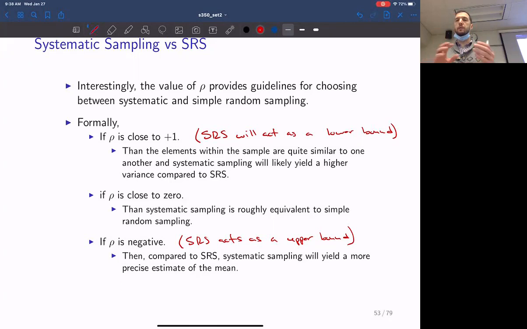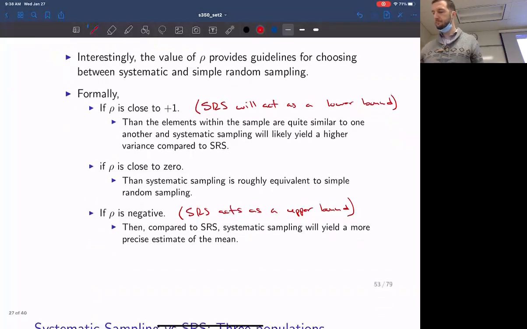So what would be actual examples that we can look out for in order to have an idea of how the systematic sampling estimate is going to behave compared to the SRS estimate? What would the data potentially look like, or how would the data be structured such that we could say we would expect one of these three situations to occur?